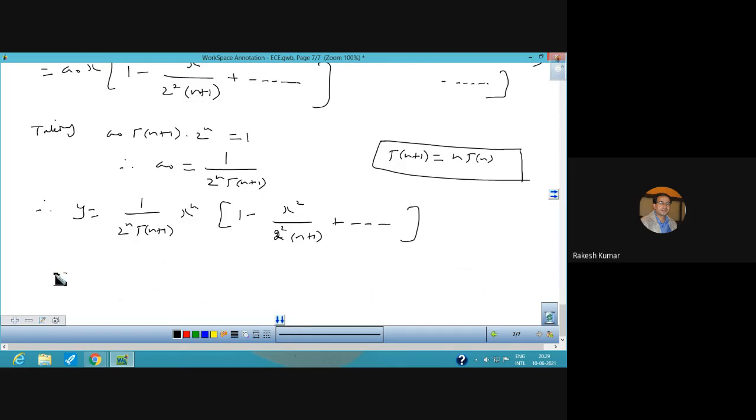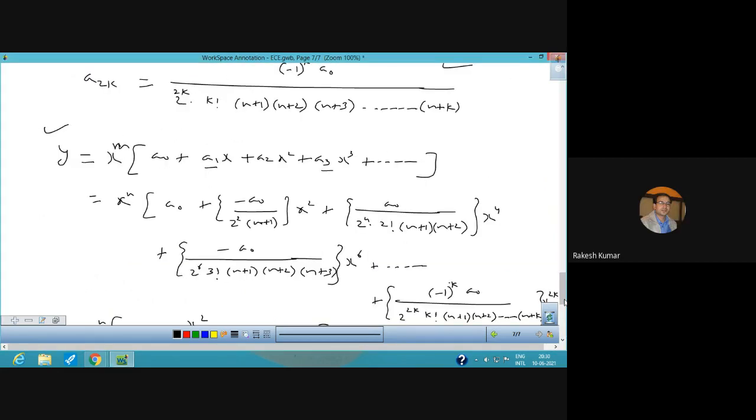Now, what we are getting is 1 over 2 raised to power n gamma n plus 1 into x raised to power n, this one, that is y equal to. Now this bracket term can be written in the summation form, that is minus 1 raised to power k, we were getting the general term, and x raised to power 2k.